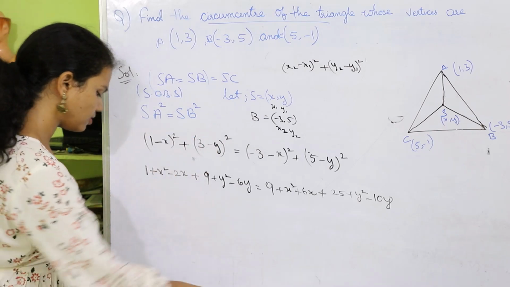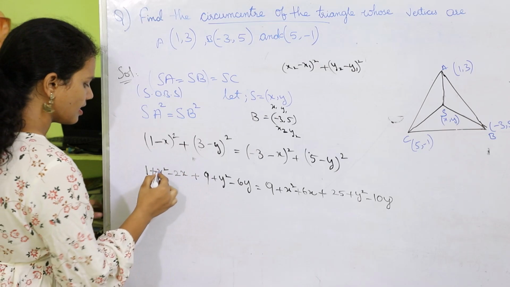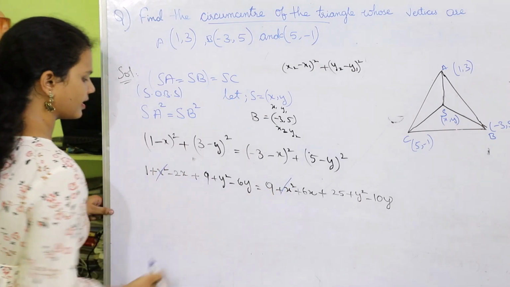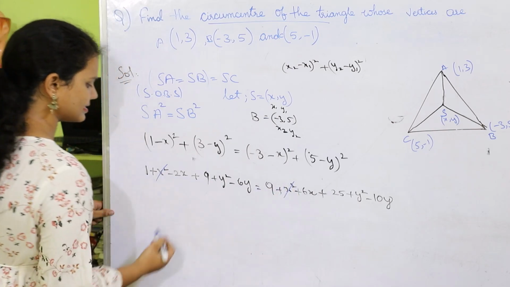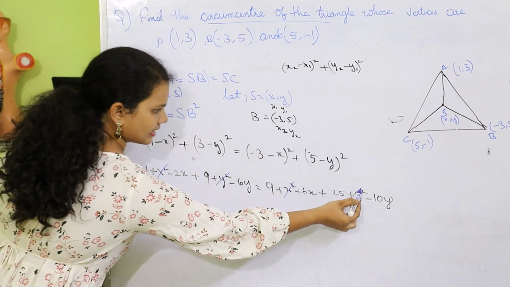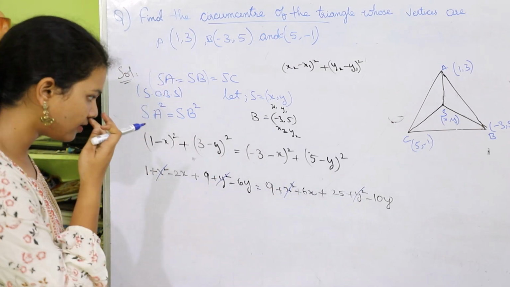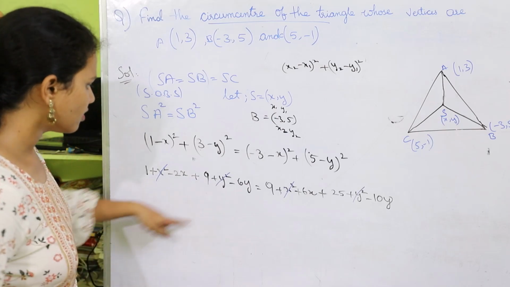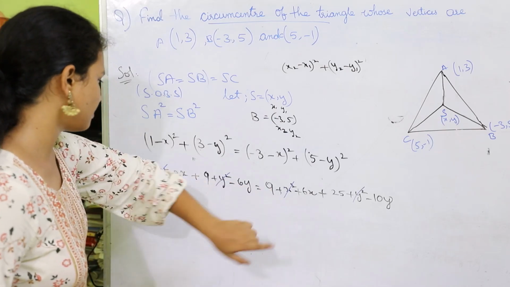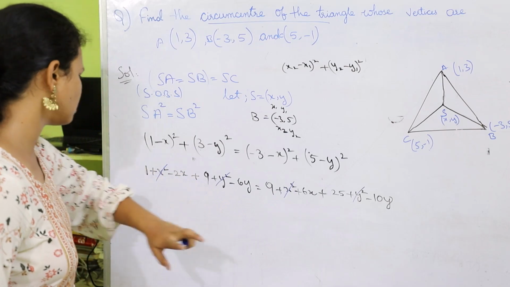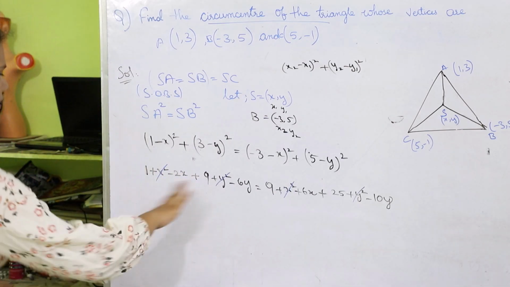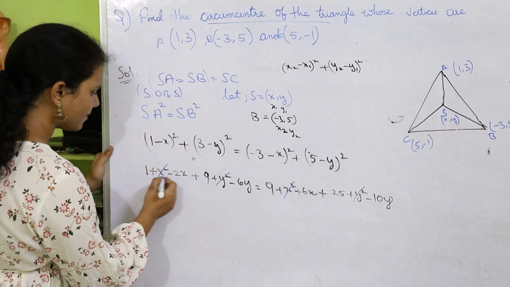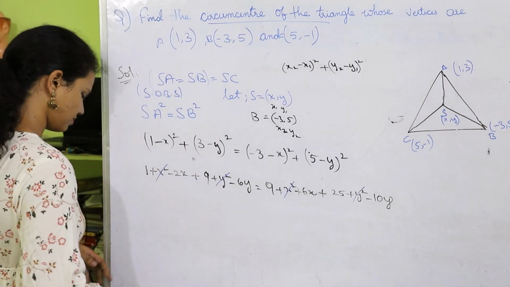Here x square cancels, and y square cancels on both sides. Are we getting any common thing here? You have minus 6y, here you have plus 6x. So no, we can't cancel it. Let it be. So we got this one. Now, guys, just go with this.